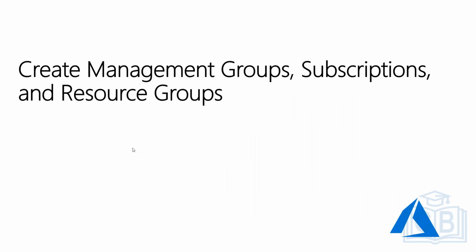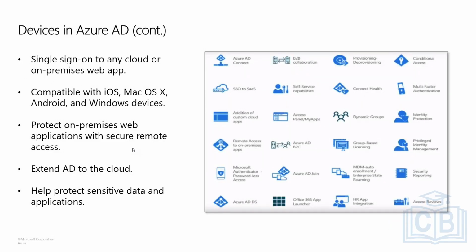Hey, Subhash, can you go back to the previous slide? Yep. So these are all under Azure AD, right? Yes. And can we call them microservices under Azure AD, or services provided by AD? The Authenticator, AD DS, and Azure AD Join all come under Azure AD, correct?